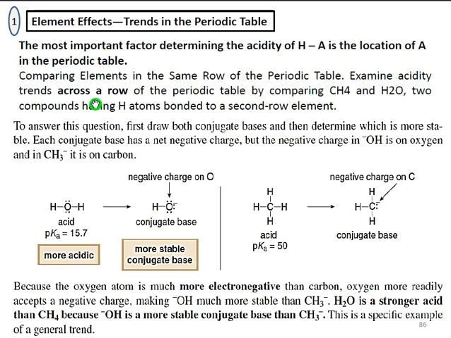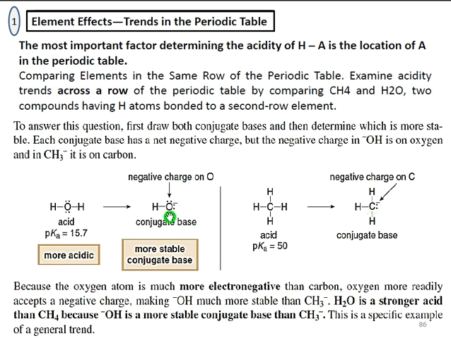We will take an example: the acidity of CH4 and H2O. Write the conjugate base for H2O. Remove 1 hydrogen and it gives HO minus, and methane gives CH3 minus. Okay, now which is more stable, this or this?